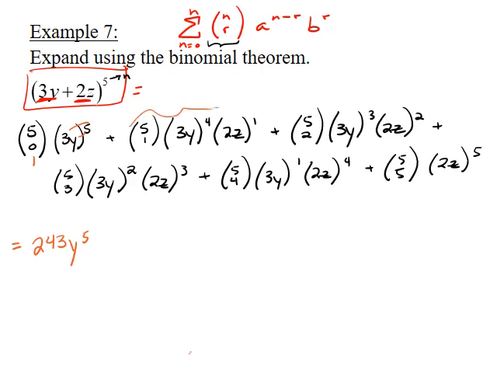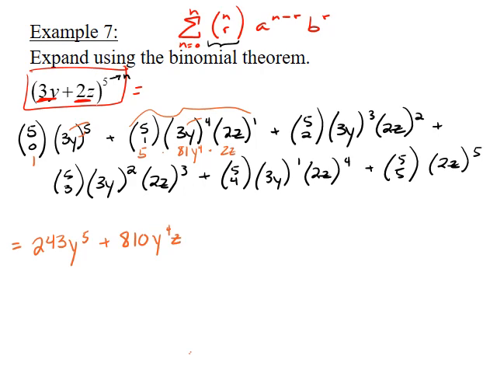Then our next term, 5 choose 1 is 5. 3 to the 4th is 81 y to the 4th, and then 2z. So I need to multiply all of this. And when I do, I should have 810 y to the 4th z.